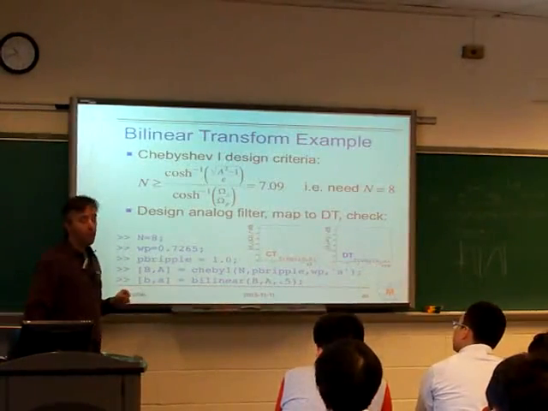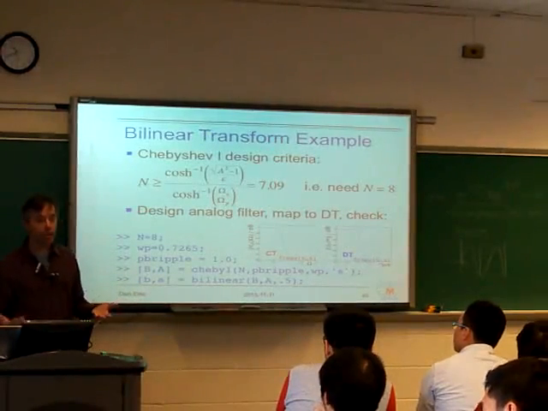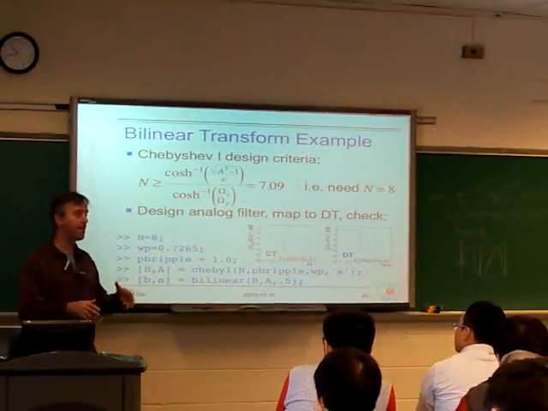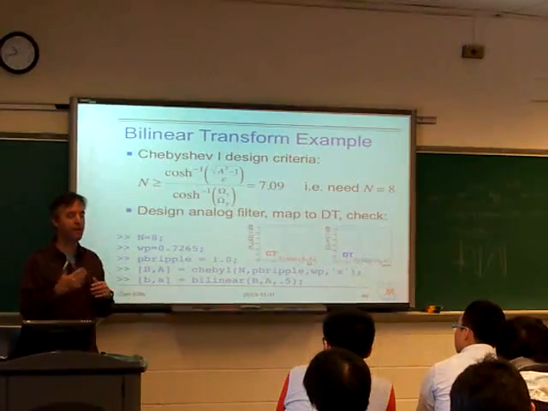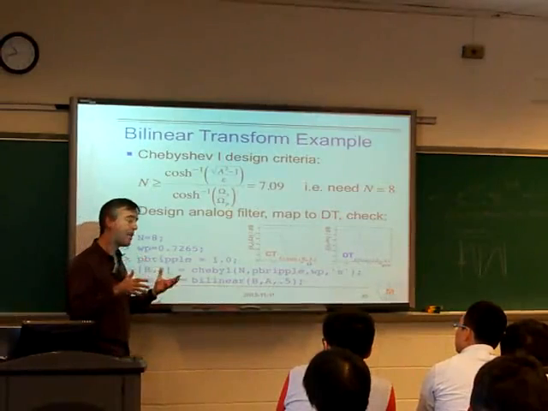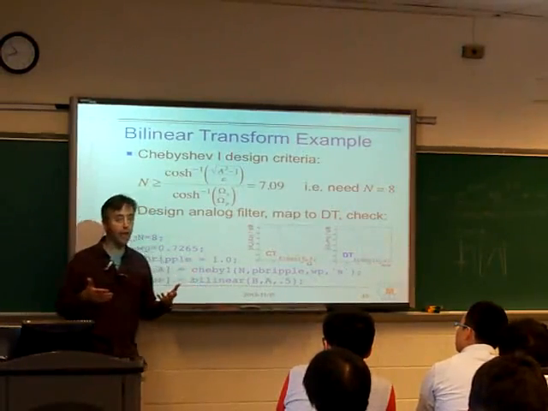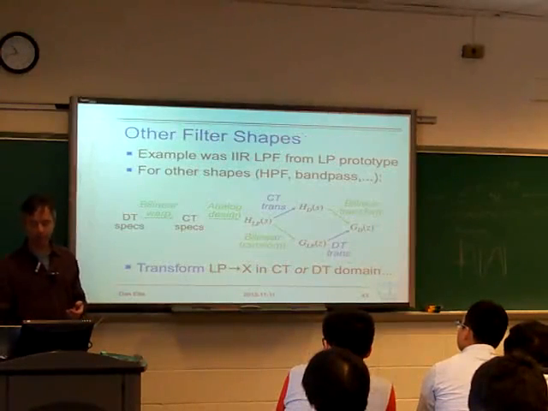All right, so now we've seen how we can go from an analog filter design through to a discrete time IIR filter that has the same ripple characteristics, ripples in the passband or ripples in the stopband or both, and has passband and stopband edges that we can control by pre-warping and mapping to the analog domain.